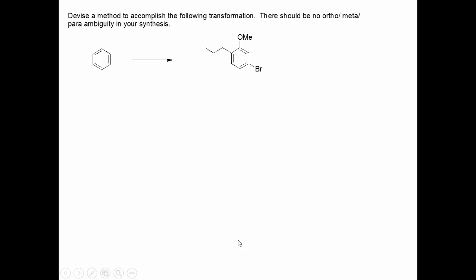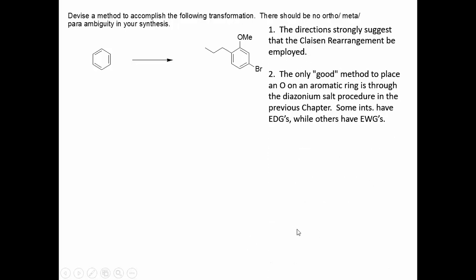Okay, so we're going to devise a method to accomplish the following reaction, and there should be no ortho-meta-para ambiguity in your synthesis. This is telling us that we're probably going to have to use the Claisen rearrangement, because the Claisen rearrangement is the only reaction where we can direct specifically ortho and not ortho-para.